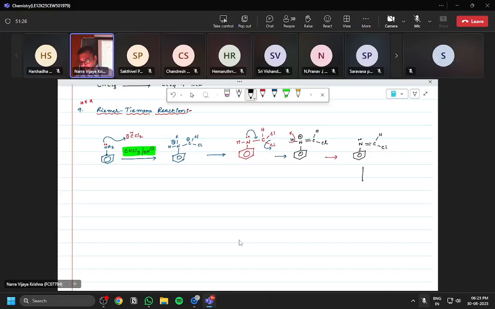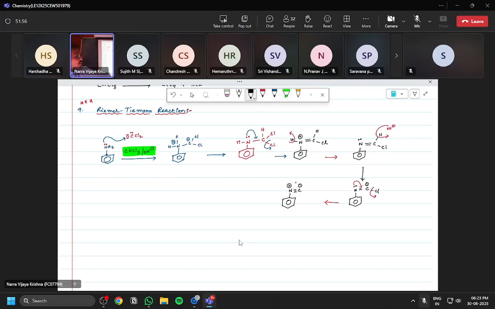Now again the base will pull this H plus out. Then you will get nitrogen, double bond, carbon with a negative charge, and chlorine. Next step, this nitrogen will donate its lone pair, making this chlorine leave. So it leads to the formation of N triple bond C, with a positive charge over nitrogen and a negative charge over carbon.